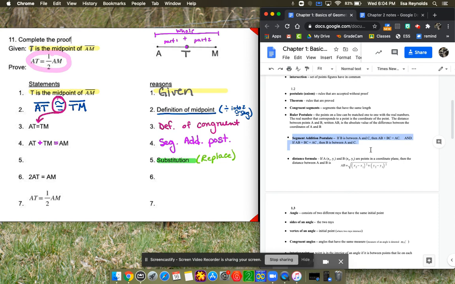In my final statement, I want the AT and the AM of this calculation. So that means that I want to replace the TM. And from my previous line, I'm told that I can replace that with what it's equal to. So I'm going to keep the AT. I'm going to keep the addition. I'm going to replace the TM with what it's equal to. So when I replace, that's substitution.